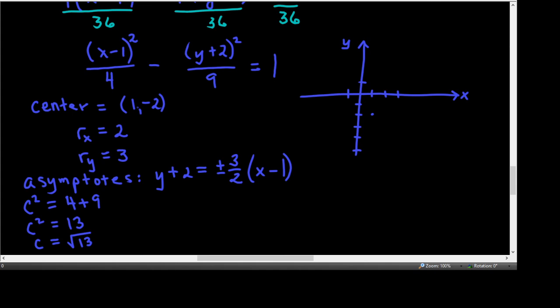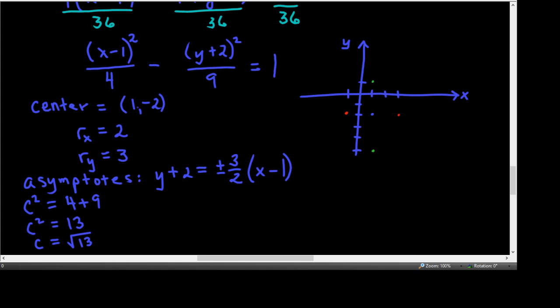So let me draw on those dots that we get. Go in the x direction 2, so right 2, left 2. We're going in the y direction 3, so up 1, 2, 3, down 1, 2, 3.